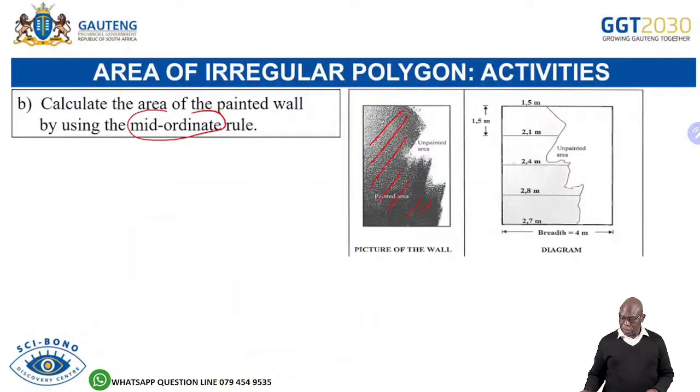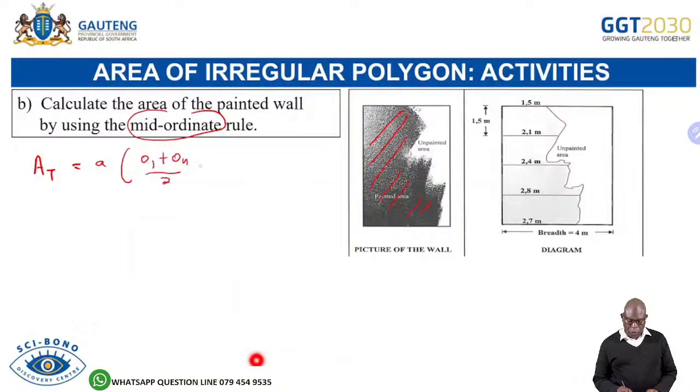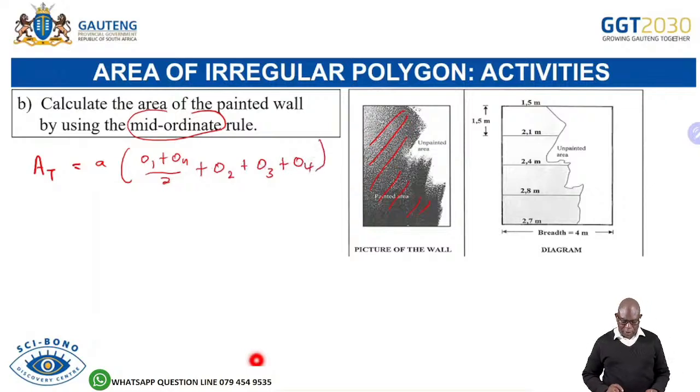But you can still use this other one, which I almost prefer, which is going to be A times (O1 plus ON divided by 2, then O2 plus O3 plus O4), and then we close the bracket. As I can see, we only have 4 of those. All right, so the A value is going to be 1,5.